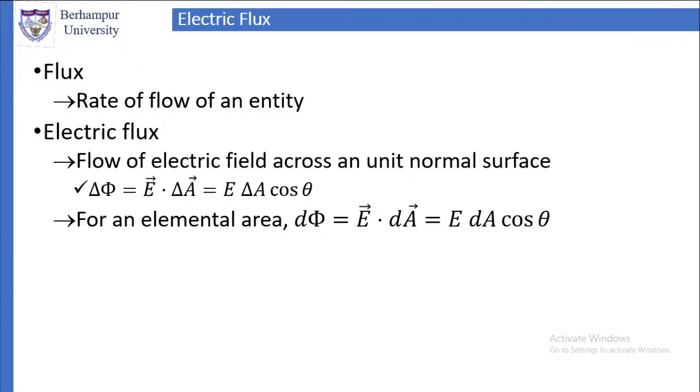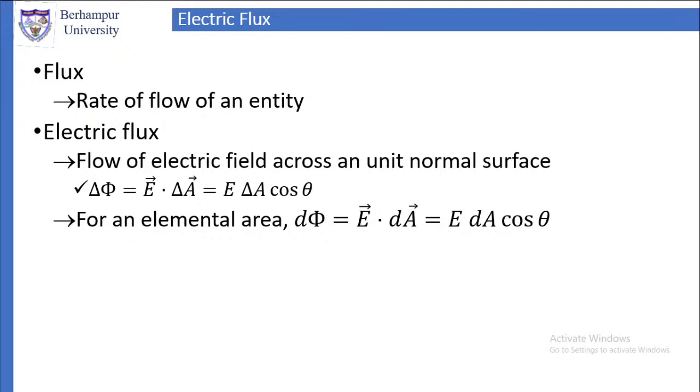Now, instead of this discrete area, if you consider an elemental area, so a discrete area is, let us say, a small rectangular area. But suppose the surface is not uniform, the surface is somehow distorted. If you have a distorted surface, then how are you going to find out the electric flux?